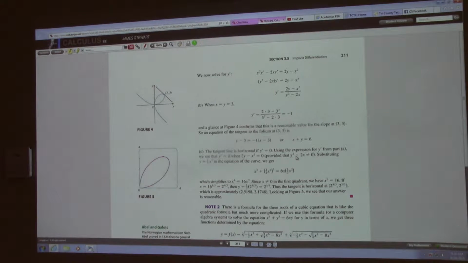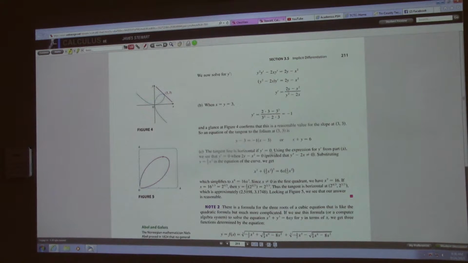They get y squared minus 2x is equal to 0, and then they plugged in. There it is. We got x squared over 2, and then they plugged that back into the original, and that's the point.